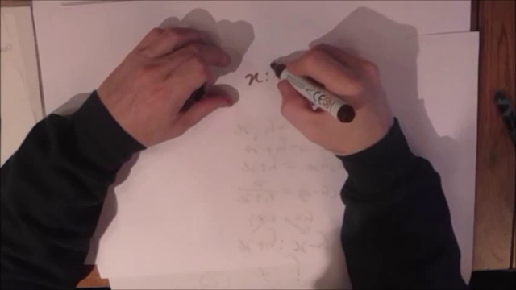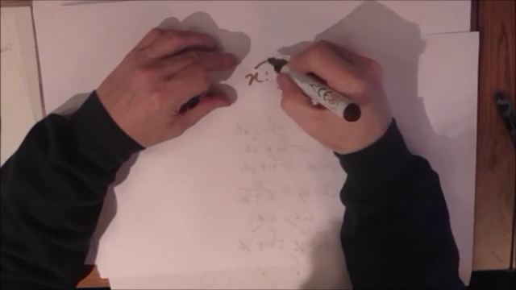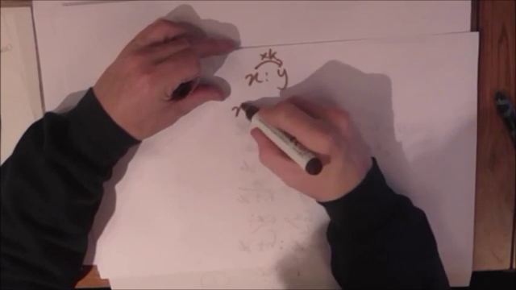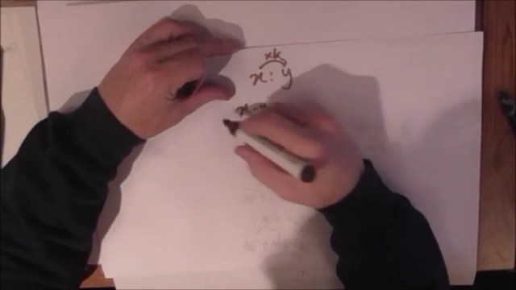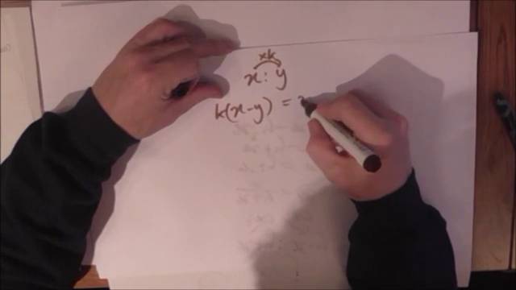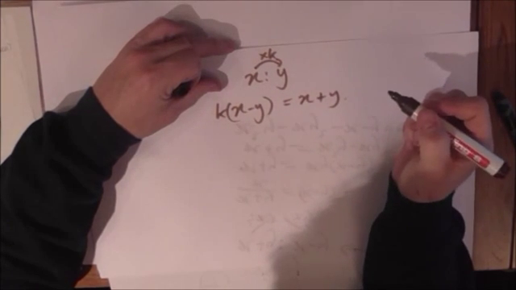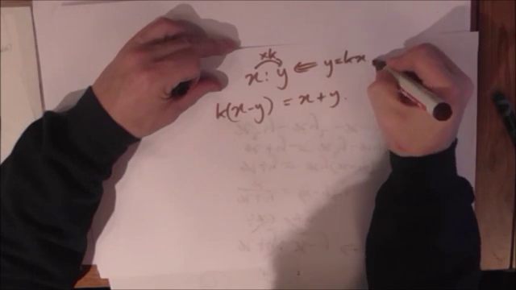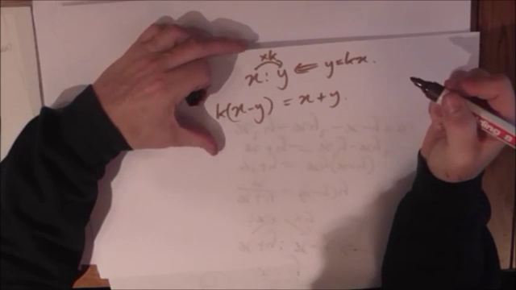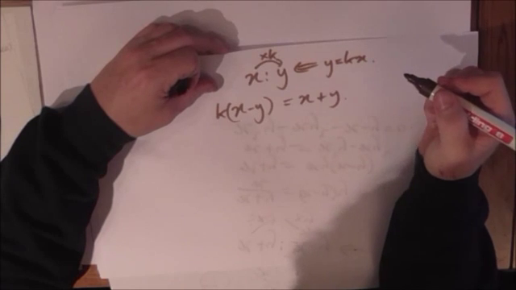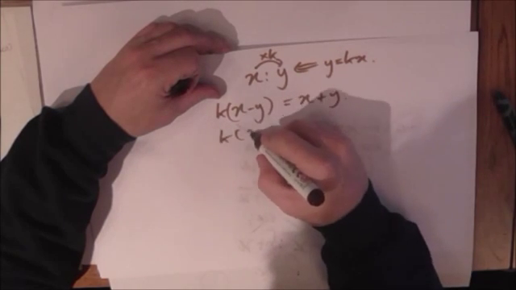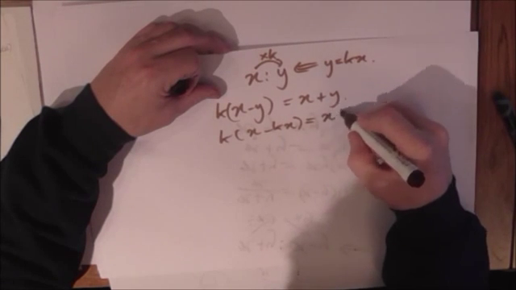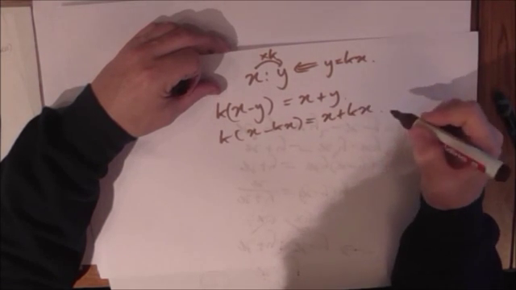So let's say that instead of doing this in 2 stages, we call that just timesing by k. So in other words, x minus y, if you times that by k, you get x plus y. But what we can discover from this is that y equals kx. So therefore, k times x minus kx equals x plus kx.